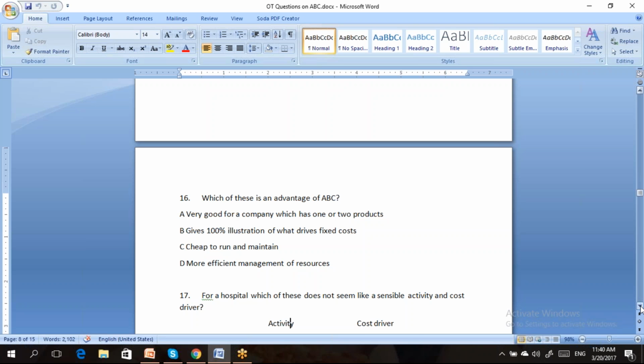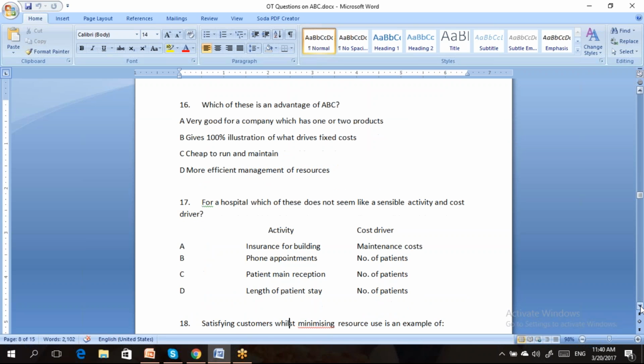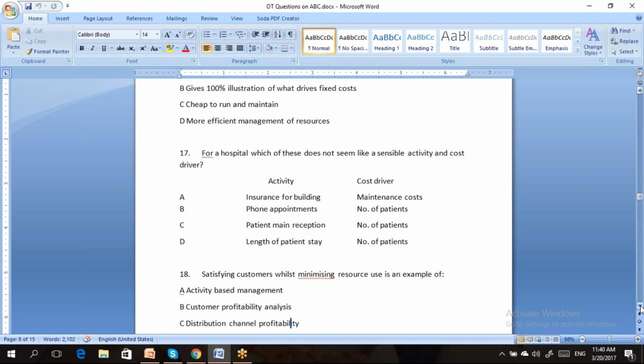So that's also good. Then the next question is 17. For a hospital, which of these does not seem like a sensible activity and cost driver? So your answer, you have given B, phone appointments, number of patients.